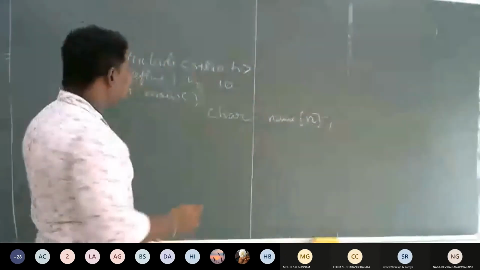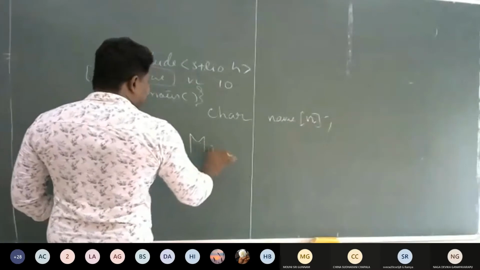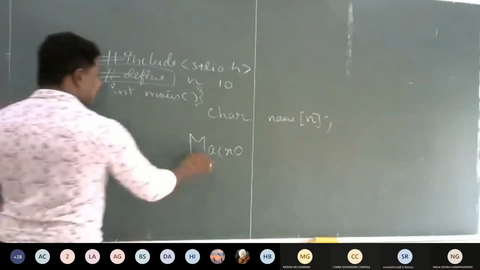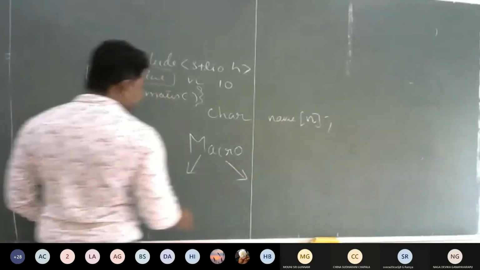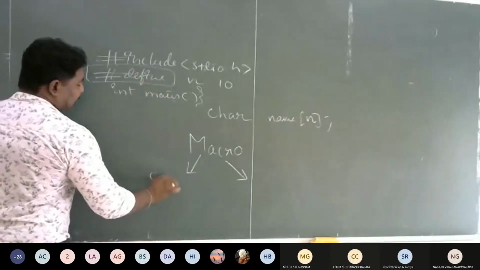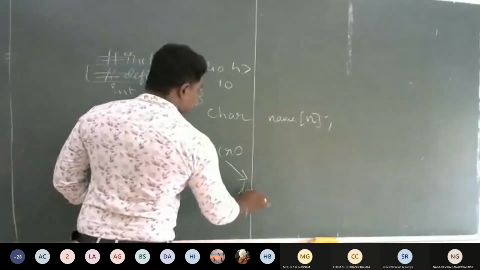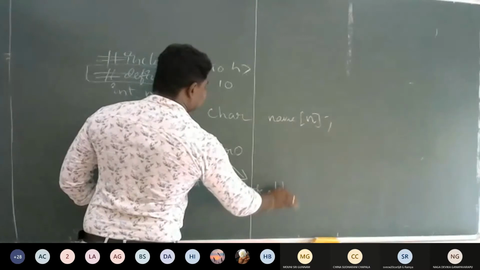What does that mean? It's called a macro. These macros are of two types. One is like a constant value, and another one is a lookalike function.